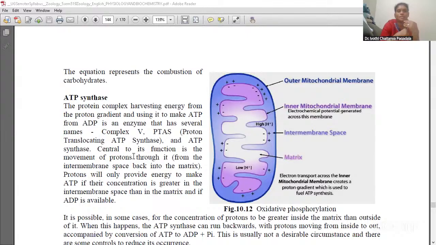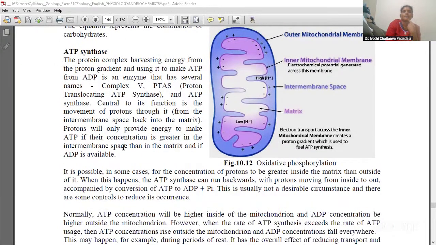ATP synthase is the protein complex that harvests the energy from the proton gradient and uses it to make ATP from ADP. It is an enzyme that has several names, such as complex 5 and ATP synthetase.